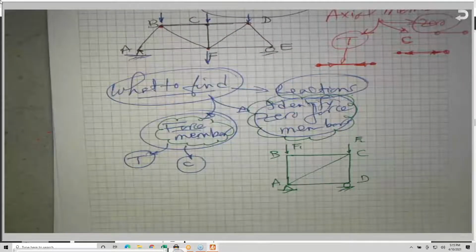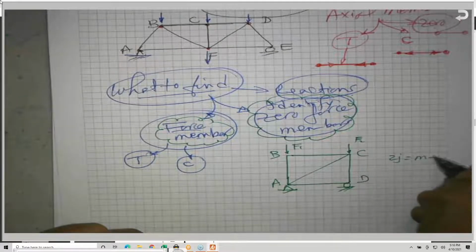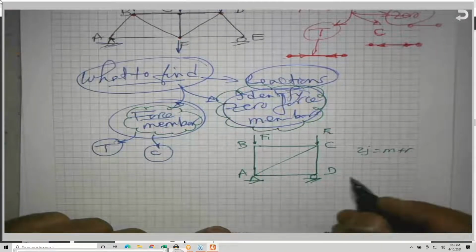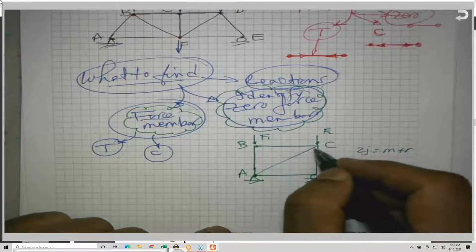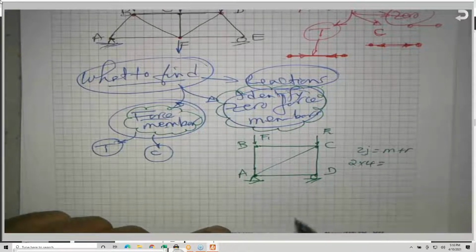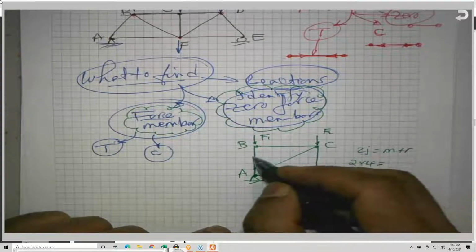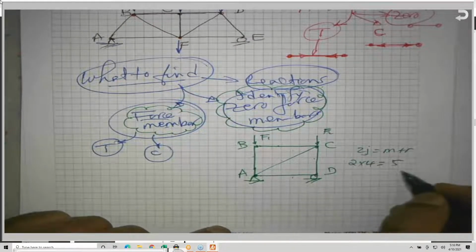How do you check a truss? Look at 2J equals M plus R. In this case, how many joints? I have 1, 2, 3, and 4, so 2 times 4 equals 8. How many members? 1, 2, 3, 4, 5. So I have 5, plus how many reactions?